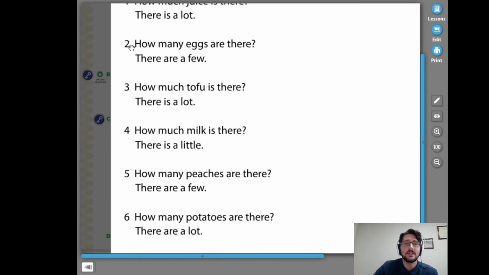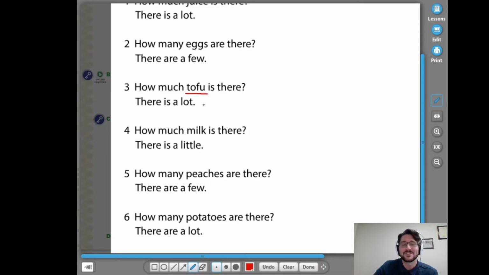How many eggs are there? B 사람은 there are a few. Number 3, person A asks the question, how much tofu is there? B 사람은 there is a lot.